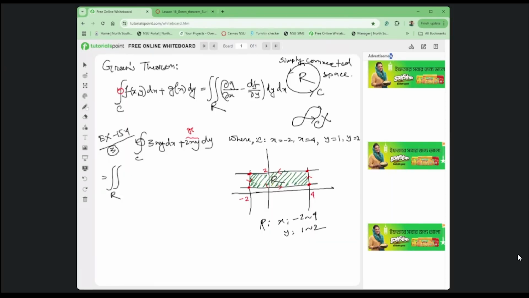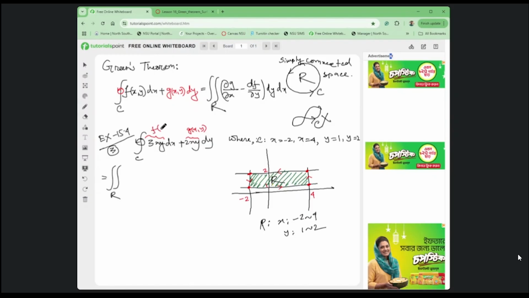Let me make a small correction. This is g a function of xy, and here f is a function of xy. Okay.